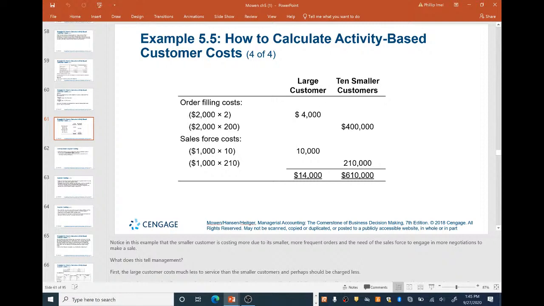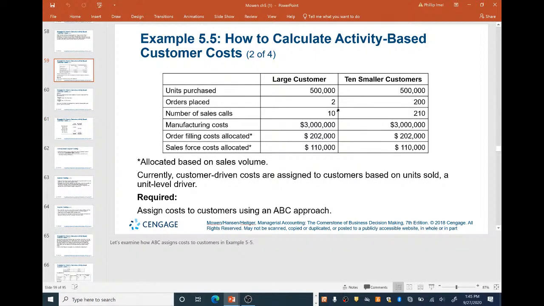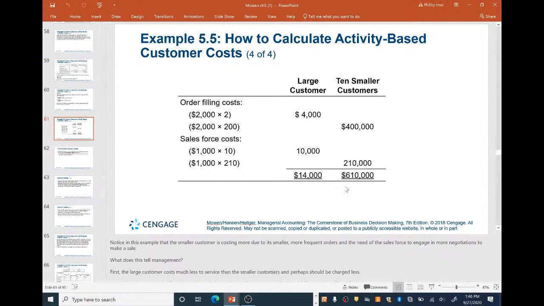Then we just sum the two columns here: $14,000 and $610,000. So obviously we can see how much of a difference there is in just servicing these customers, based upon the number of orders placed and the number of sales calls. Pretty significant.